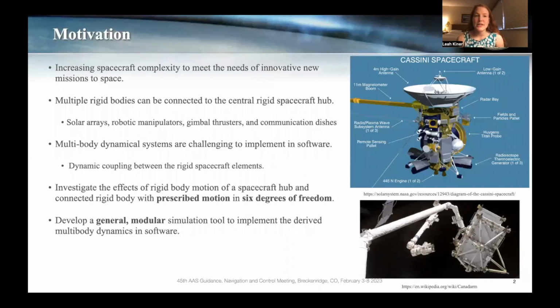So this paper is motivated by new, ambitious, innovative spacecraft that consist of multiple connected rigid bodies attached to our central rigid spacecraft hub. Some examples here are solar arrays, robotic arms such as the Canadarm seen here, gimbal thrusters, and communication antennas.